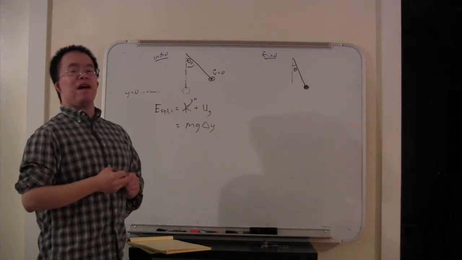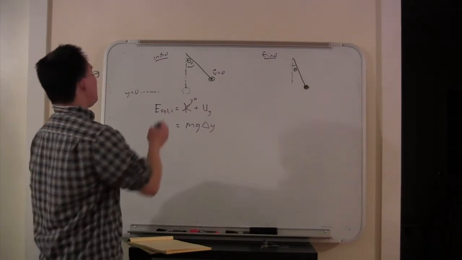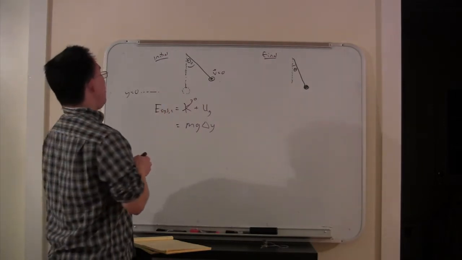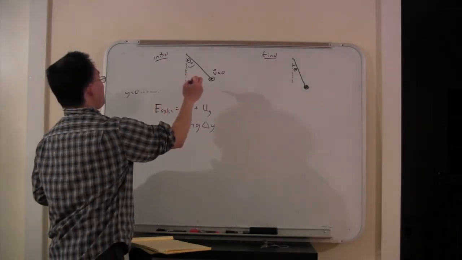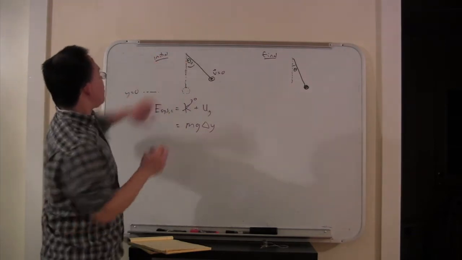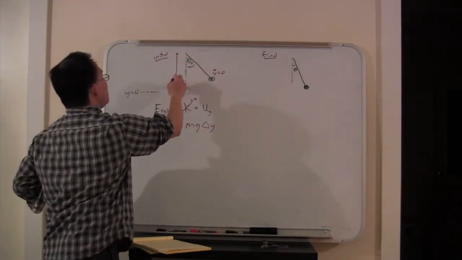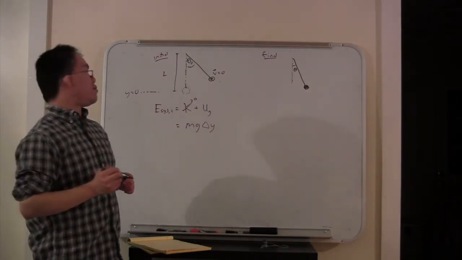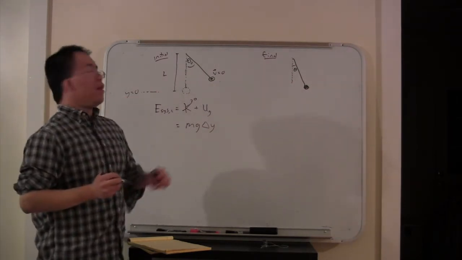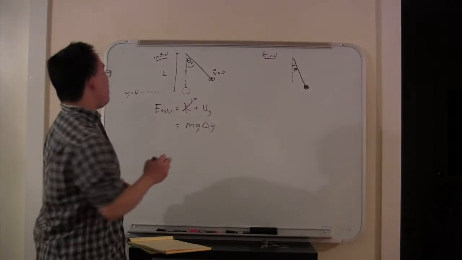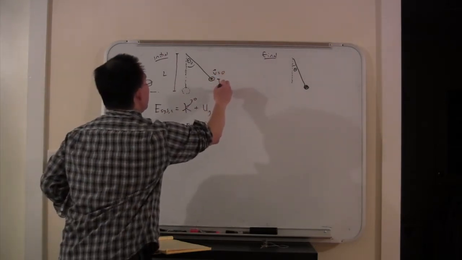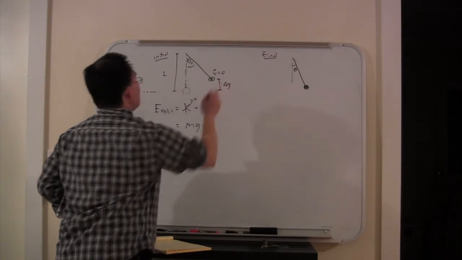So we can go and calculate that carefully. Let's draw in a few lengths. We know that this entire thing is the length of my string. The height we care about is this height here, delta y.